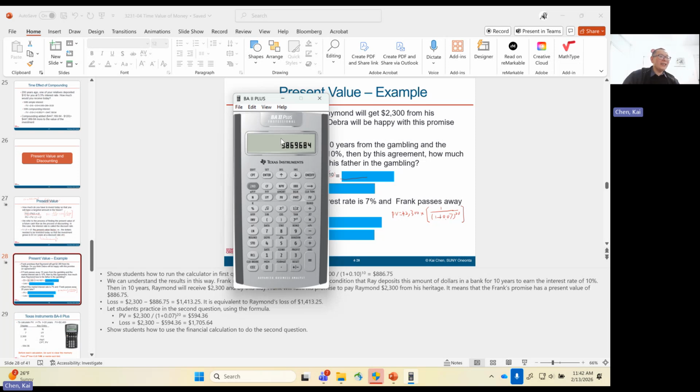That means we do 1 divided by the number on the screen, which is nothing but the present value factor. So we click 1 over x, then multiply the present value factor by $2,300. That is the present value.